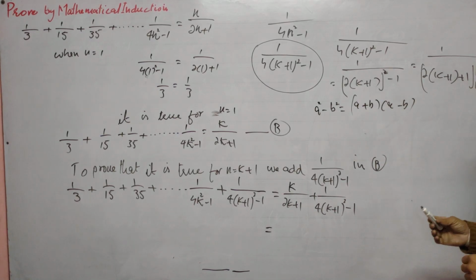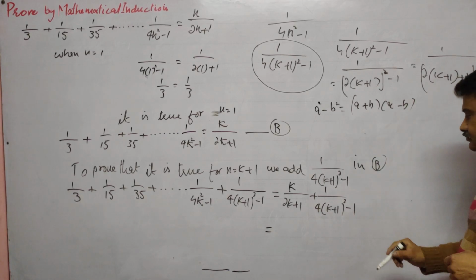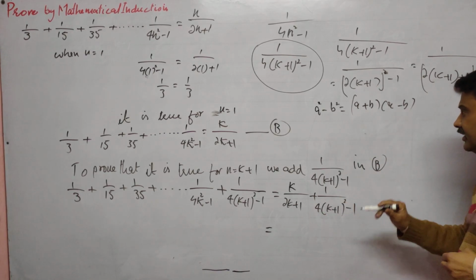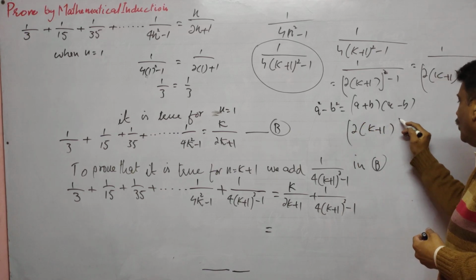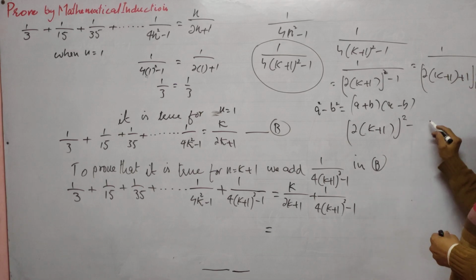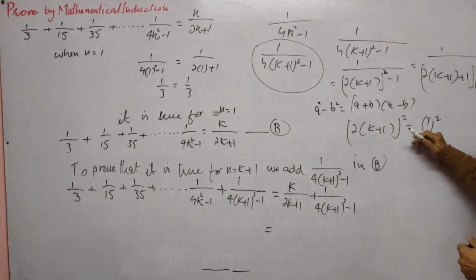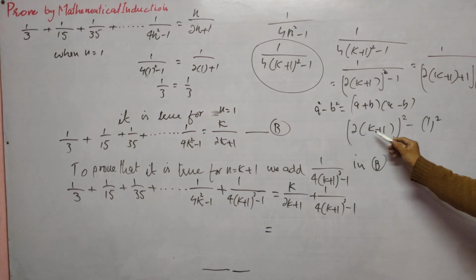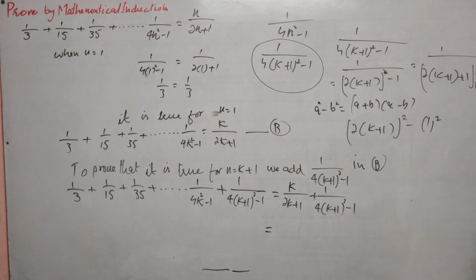So we write 4(k + 1)² as (2(k + 1))² and 1 as 1². There are two squares having a negative sign between them, so we can write (2(k + 1) + 1) and (2(k + 1) − 1).